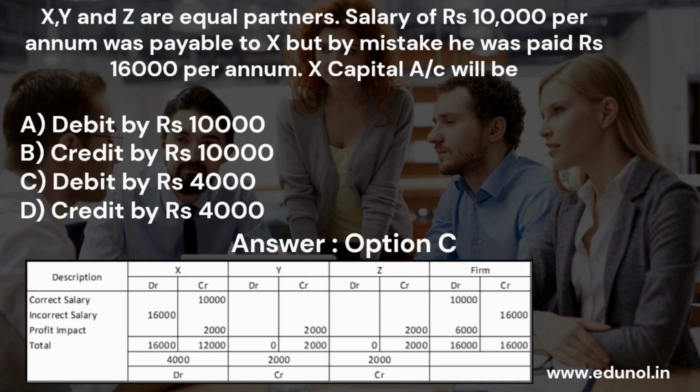Answer: option C. First, X credited by 10,000 rupees. Then X debited by 16,000 rupees. Lastly, X debited by 2,000 rupees for profit share adjustment.